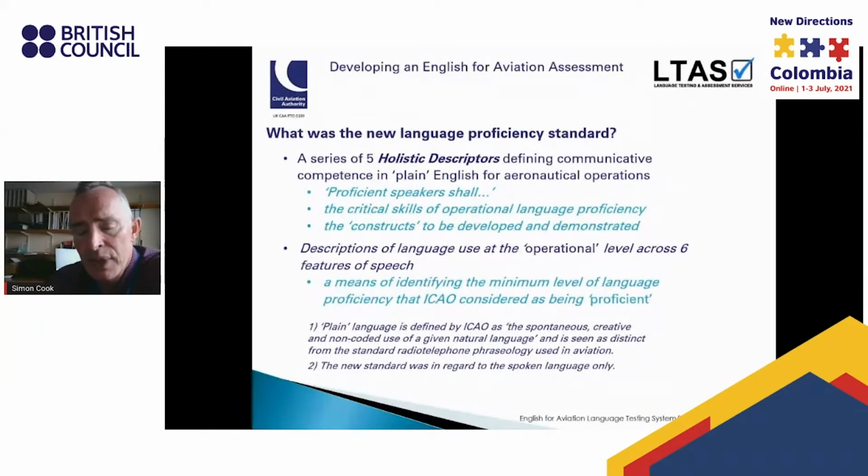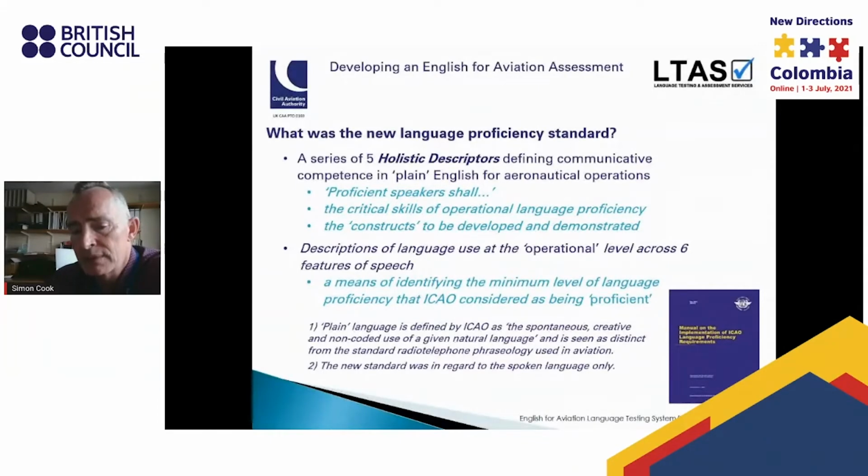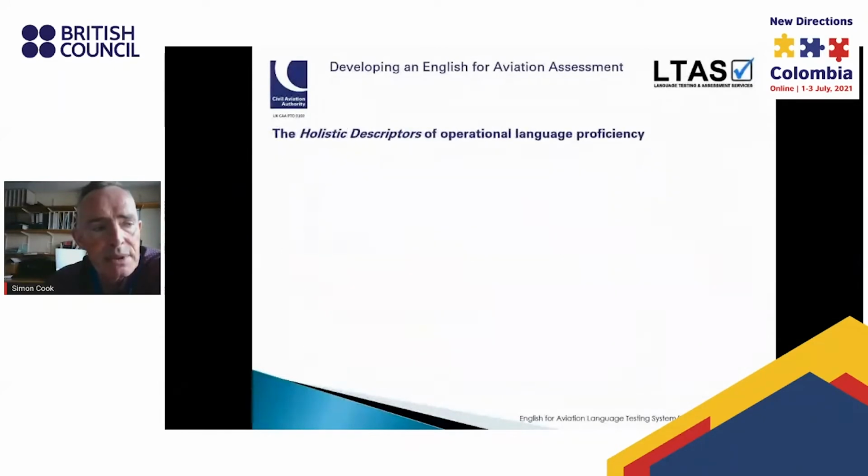It prescribed a means of identifying what was proficient, and then it produced a book, this manual on the implementation of the ICAO language proficiency requirements, that gave more details on all of these things, plus an awful lot of other information besides. So what did ICAO think were the critical skills of operational language proficiency?